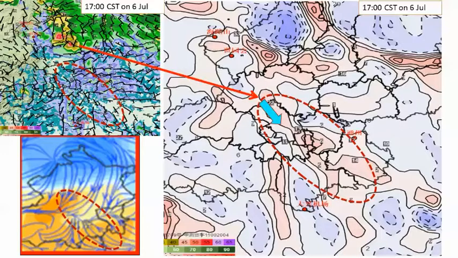This is the RMAPS convergence line, and this is the surface observation theta-e field. Don't you think so? It will develop here, and the storm will propagate along this convergence zone. Let's think about it.